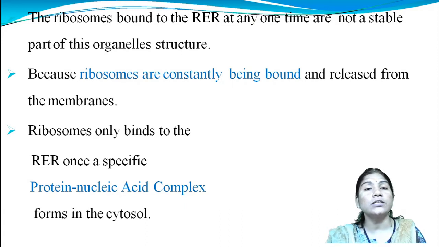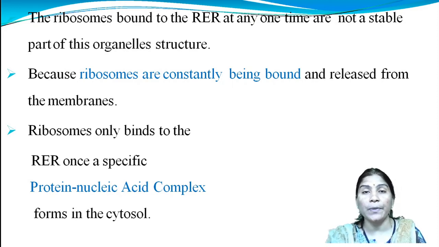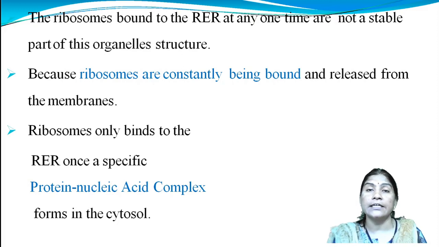They are not a stable part of the organelle structure because ribosomes are constantly being bound and released from the membranes, and they only bind to the rough endoplasmic reticulum once a specific complex is formed.